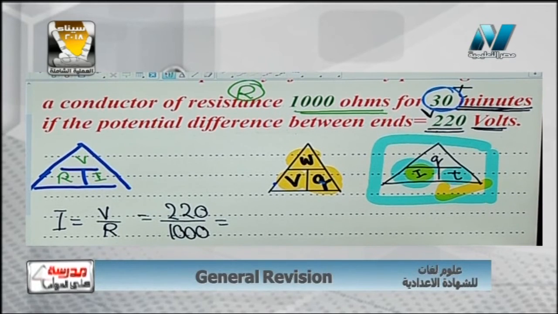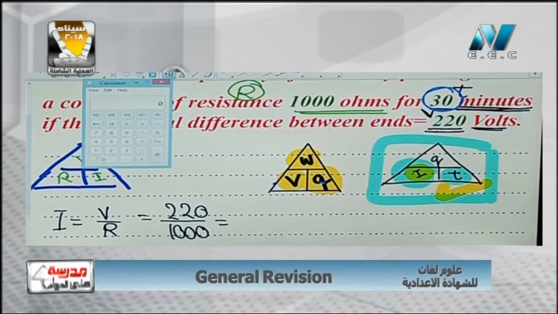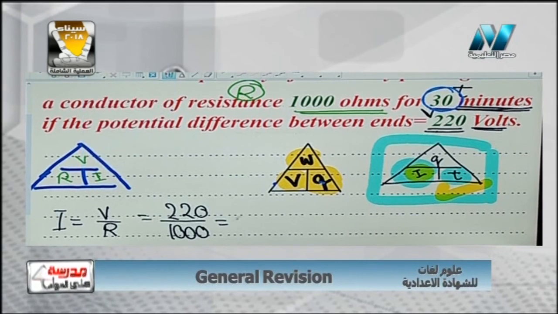So I equal how many? By using calculator, 220 divide 1000 equal what? 0.22. Don't forget to write the unit. Yes, the measuring unit. يبقى I equal 0.22 ampere.